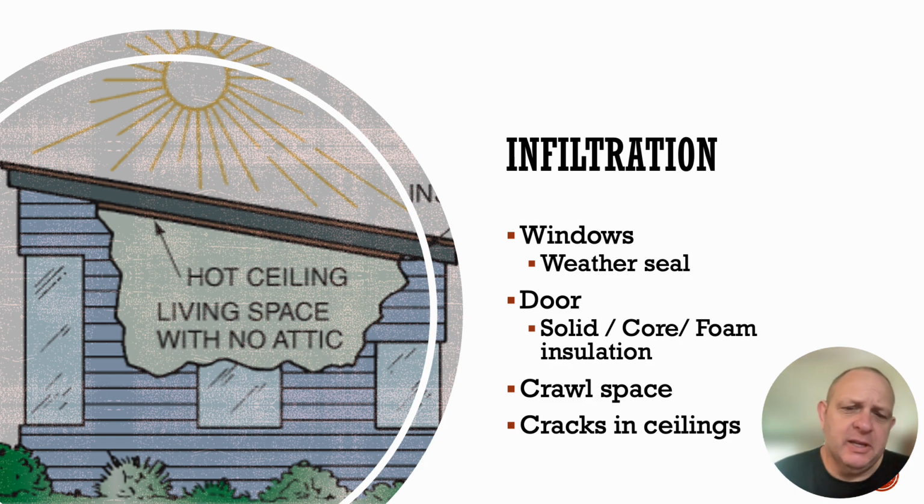Cracks in ceilings are another place for air to move out of the house or air to move into the house, depending on the type of negative pressure or positive pressure that's given to you from that.